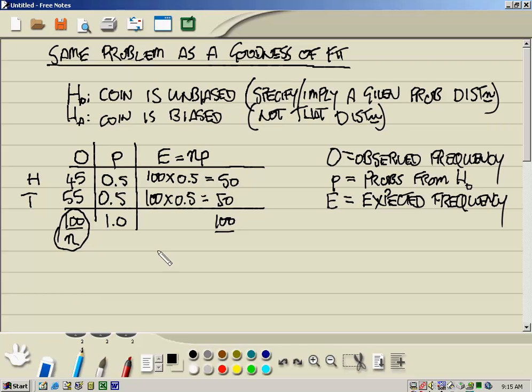Why are we doing this? Well, remember a little while ago I said that in a goodness of fit, you're going to compare some sample observed data to a given probability distribution. We wanted to essentially know, is this observed distribution equal to this probability distribution? Since there's a difference in scale here, we want the two to have the same scale.